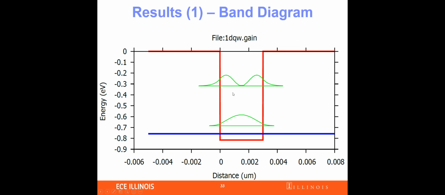So if you want to calculate the energy difference between the first and the second conduction band, you subtract the first value from the second. The difference would be about 0.36 electron volts.